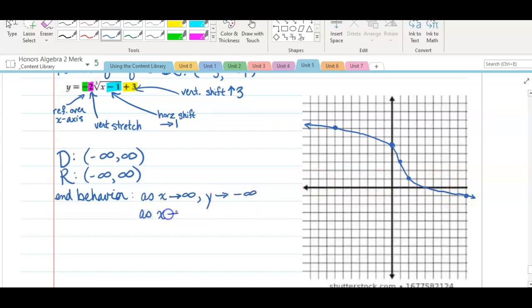As x goes to the left, as I move along the graph towards negative infinity, I'm getting higher and higher and higher on y. Y is approaching positive infinity. And my point of inflection is going to be the point 1, 3.